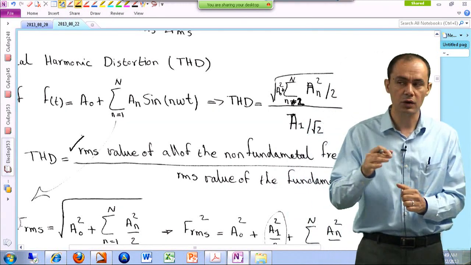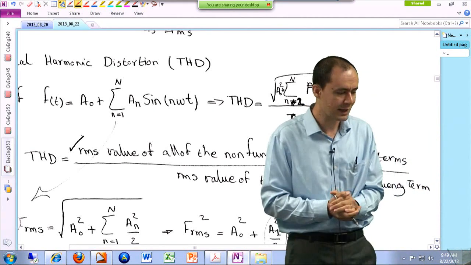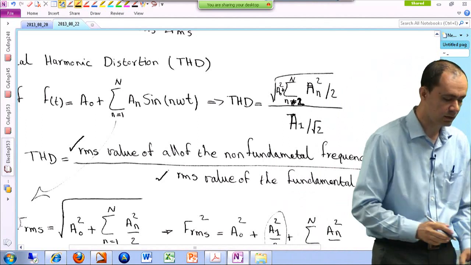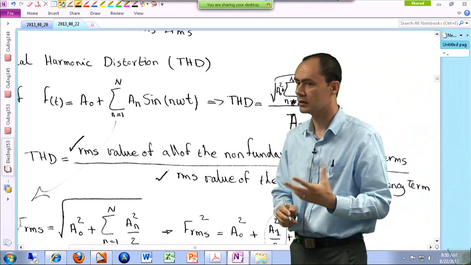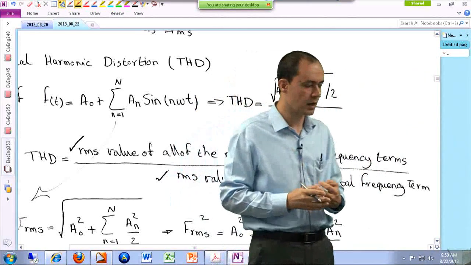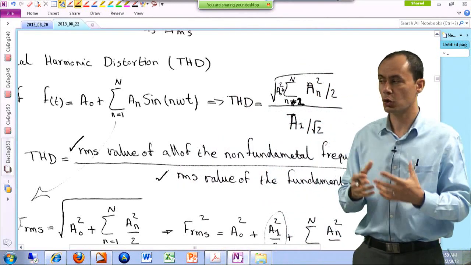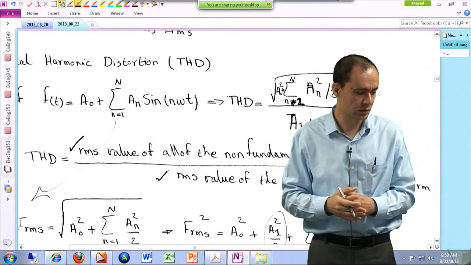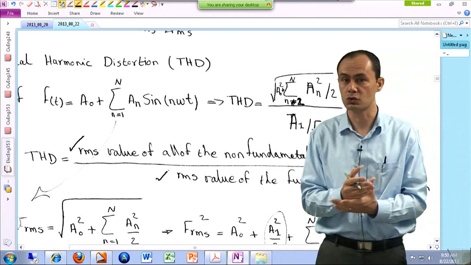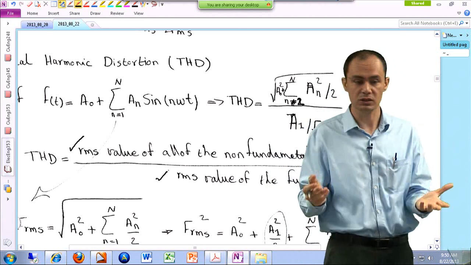So we look at the order of all of those non-desired components that appear in our signal, and then we divide that by the RMS value of the fundamental component in our system. So all the junk is on top, the one we desire is on the bottom, and that would be our total harmonic distortion. If our signal is purely sinusoidal, there's no junk in it, so the numerator is 0, so total harmonic distortion is 0. So now our ideal value for the total harmonic distortion is basically 0.